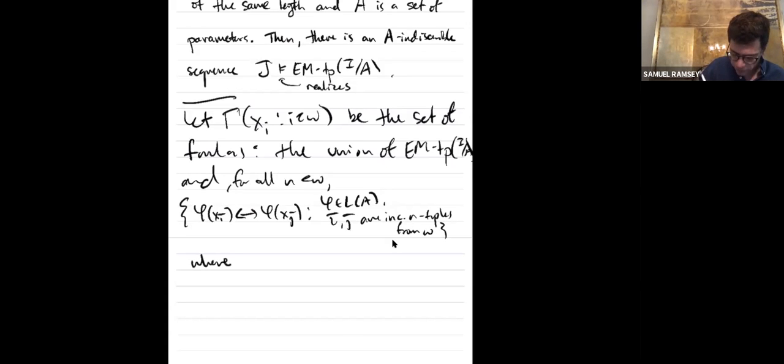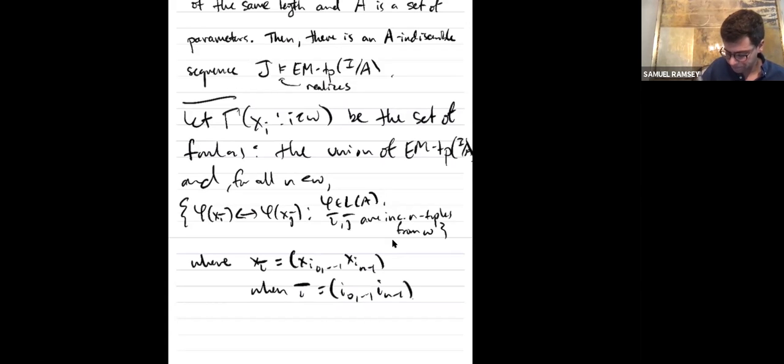And let me just clarify my notation, where x_I bar is just shorthand for x_{i_0}, ..., x_{i_{n-1}} when I bar is equal to i_0 through i_{n-1}. Okay, so if I take an increasing n-tuple, I can just look at x sub I bar, and that's going to be the n-tuple of variables with the corresponding indices.